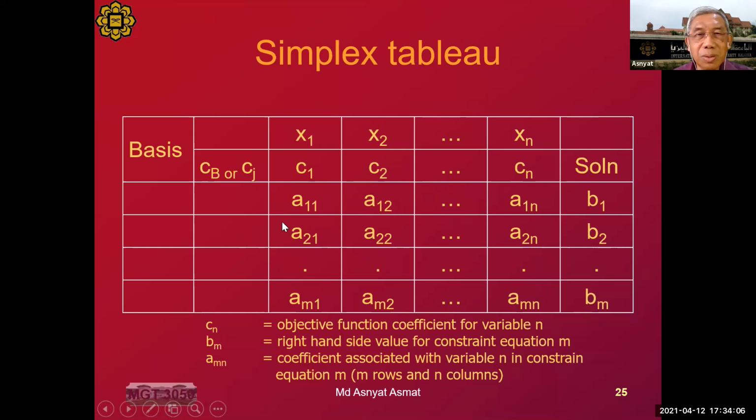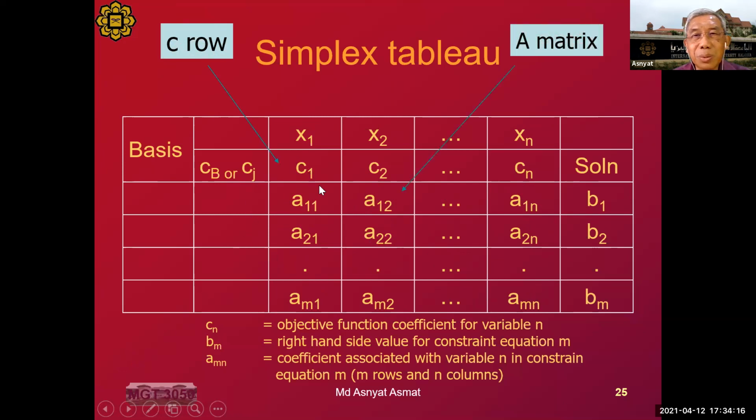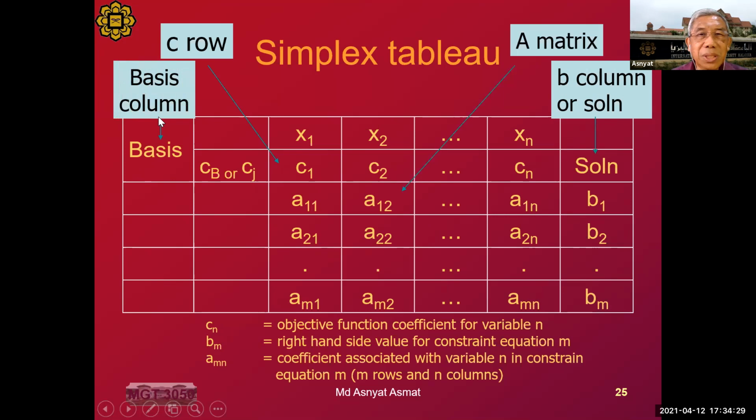So this will be the coefficient of the constraint equations. Okay, so I call this C row. So we refer as A matrix. Then the solution column, and then the basis column.